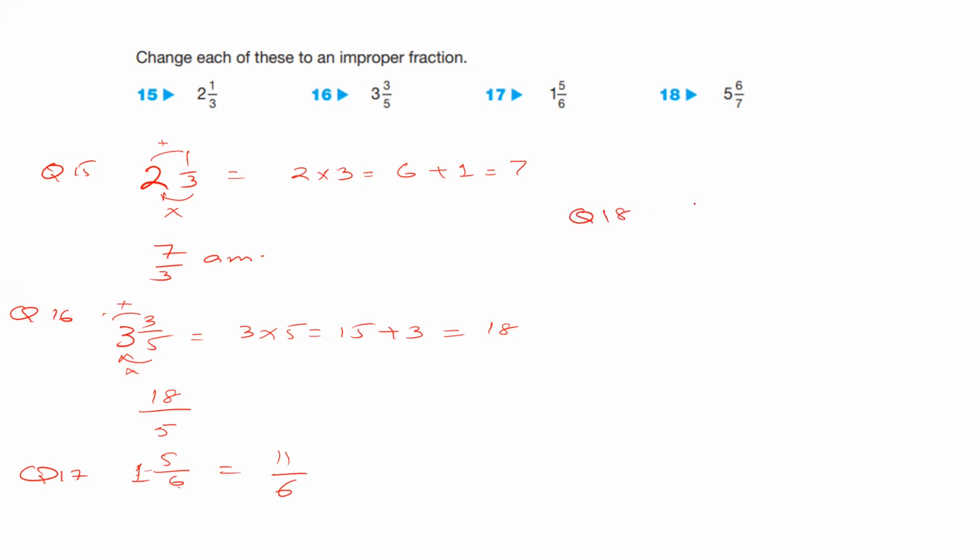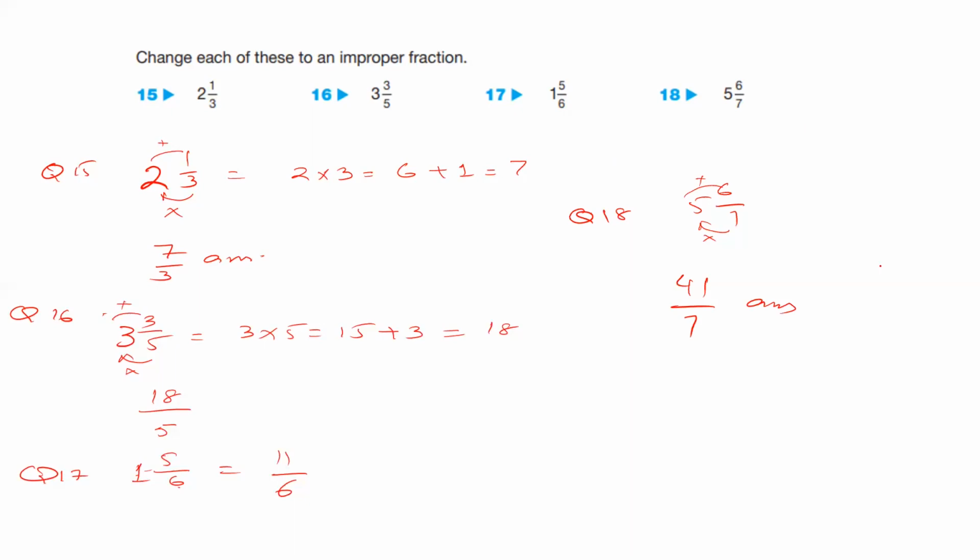Question 18. Now 5 whole 6 upon 7 means 6 times 5 will be 35. 35 plus 6. 35, 36, 37, 38, 39 and 40, 41. 41 upon 7 will be our answer.